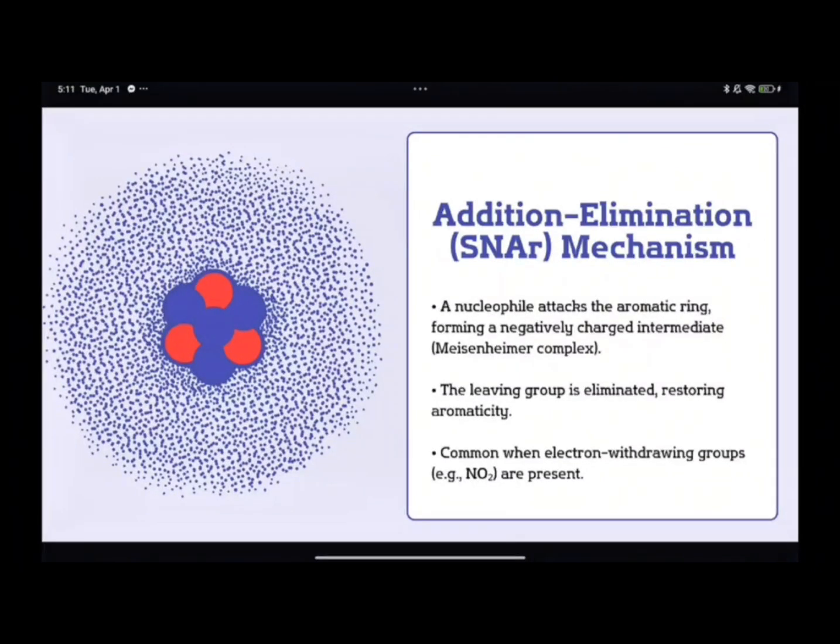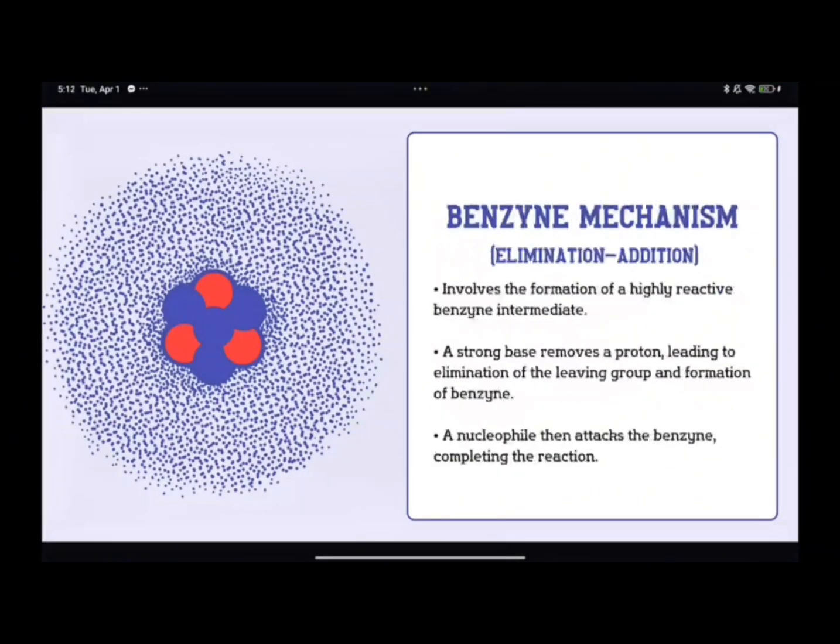This negatively charged intermediate stabilizes before the leaving group is eliminated. In the benzyne mechanism, a strong base removes a proton adjacent to a leaving group, forming a highly reactive benzyne intermediate. A nucleophile then attacks the benzyne, leading to substitution. This pathway is less common but occurs under harsh conditions.